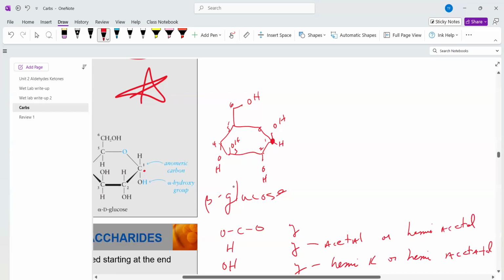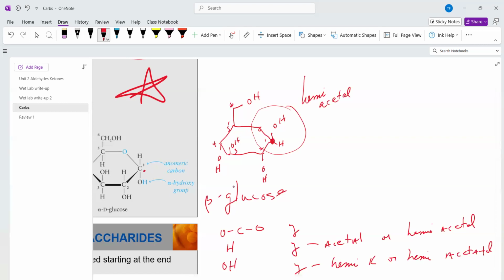So that's the hemiacetal. Very important, very important. And I'm really stressing this because a lot of the chemistry is determined by the fact that a hemiacetal exists or does not exist.